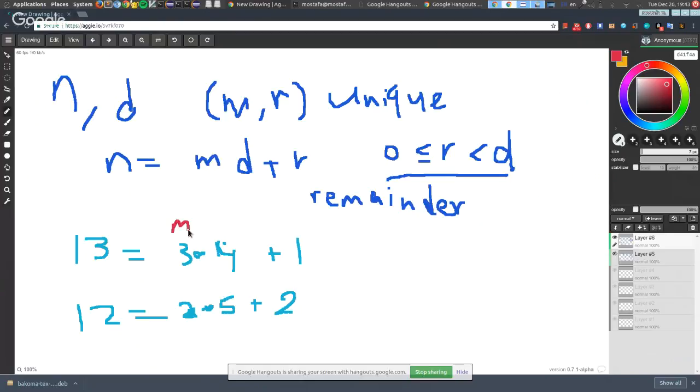So this is the n, d, and r. If you want to divide 13 by 4, then we have a remainder of 1. And if we want to divide 12 by 5, we have a remainder of 2.